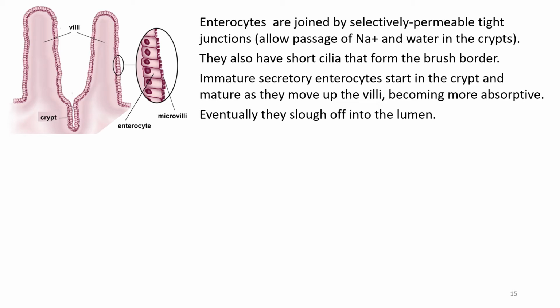And then they gradually move up the villi, they become more mature, but also more absorptive. Eventually, just like the epidermis, they get to the top and they become senescent and they slough off into the lumen. And of course, more immature enterocytes are made in the crypts and move up the villi.